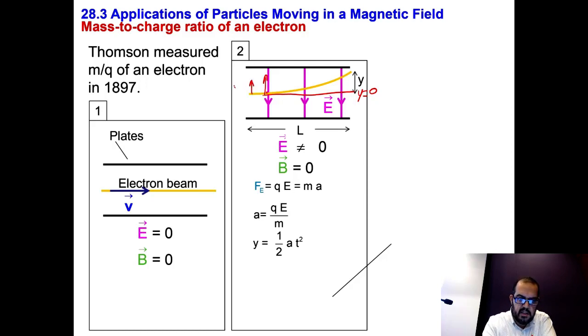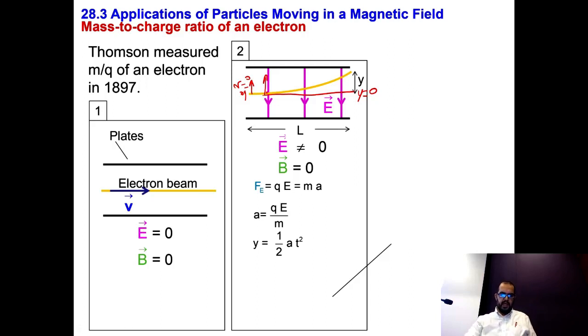So this is really y0 plus v0y t, but because this is 0 and this is 0, it simplifies to just 1/2 at squared.